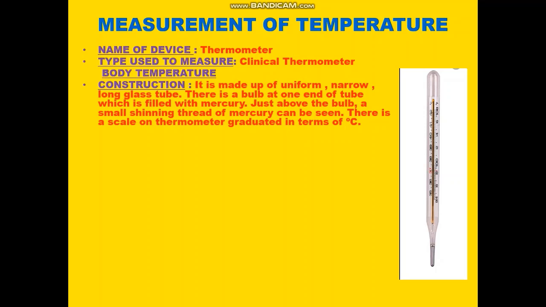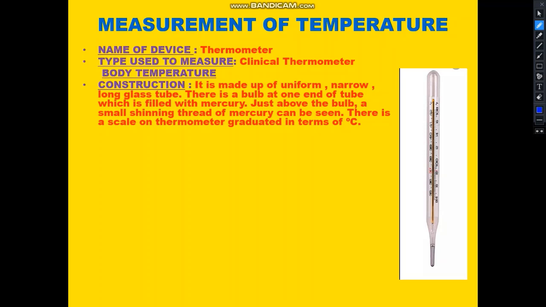The constructional detail. Here you just can have a look over the constructional detail. The thermometer basically has a bulb kind of structure which is filled with mercury. Then the whole structure is made up of a glass tube.